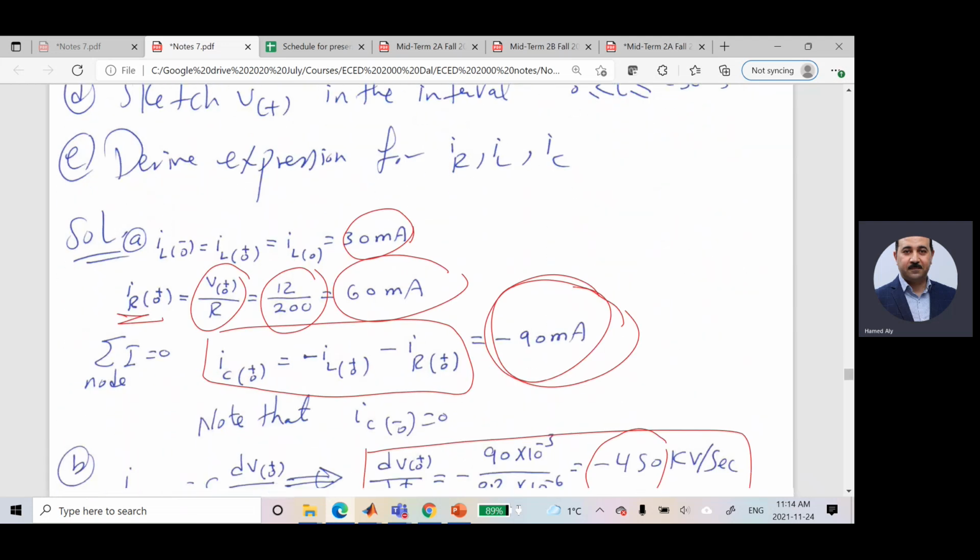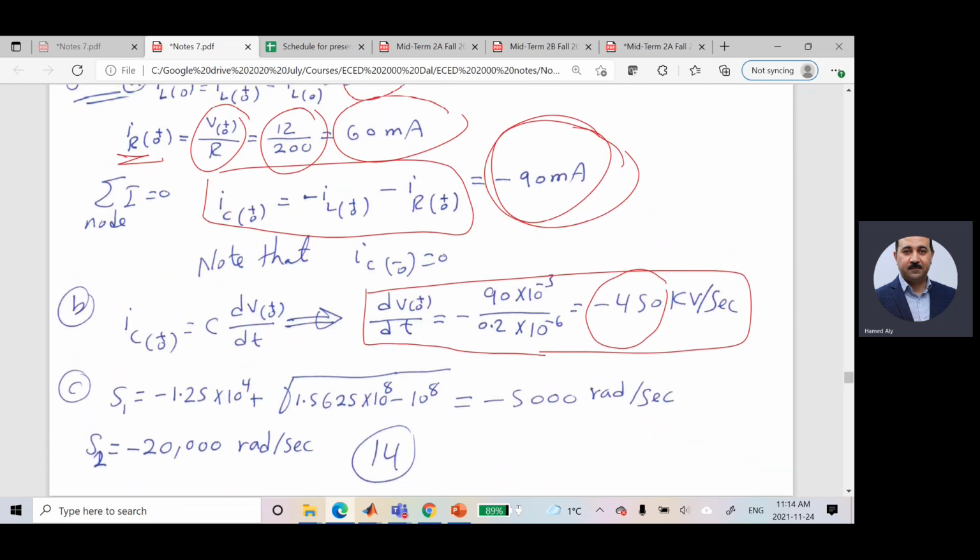And this is what I did here. I tried to calculate alpha and omega, and I found that alpha square is equal to this value, and omega square is equal to this value. So I found this is the overdamped case, then S1 and S2 are equal to negative alpha plus or minus square root of alpha square minus omega naught square.